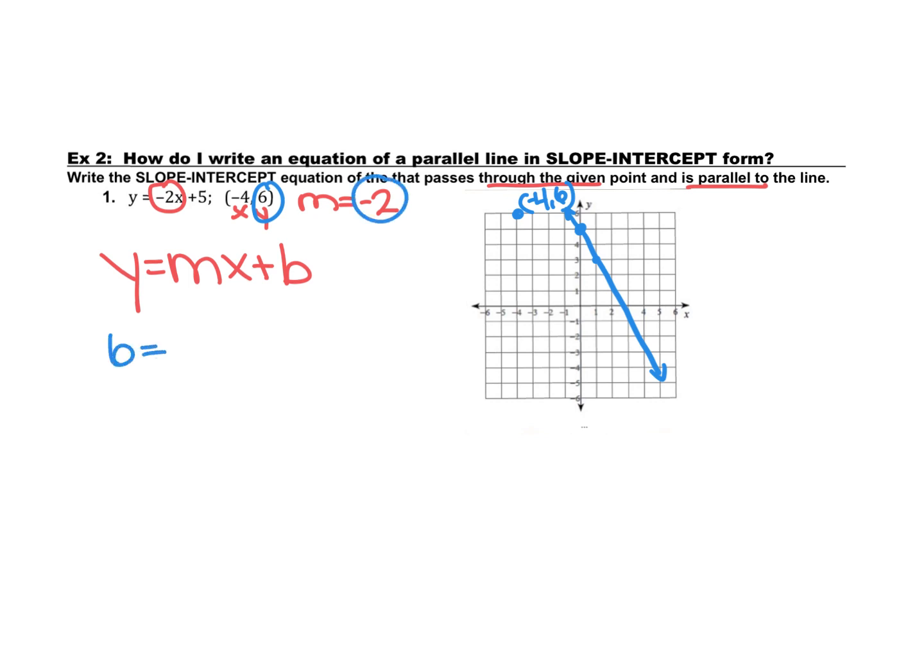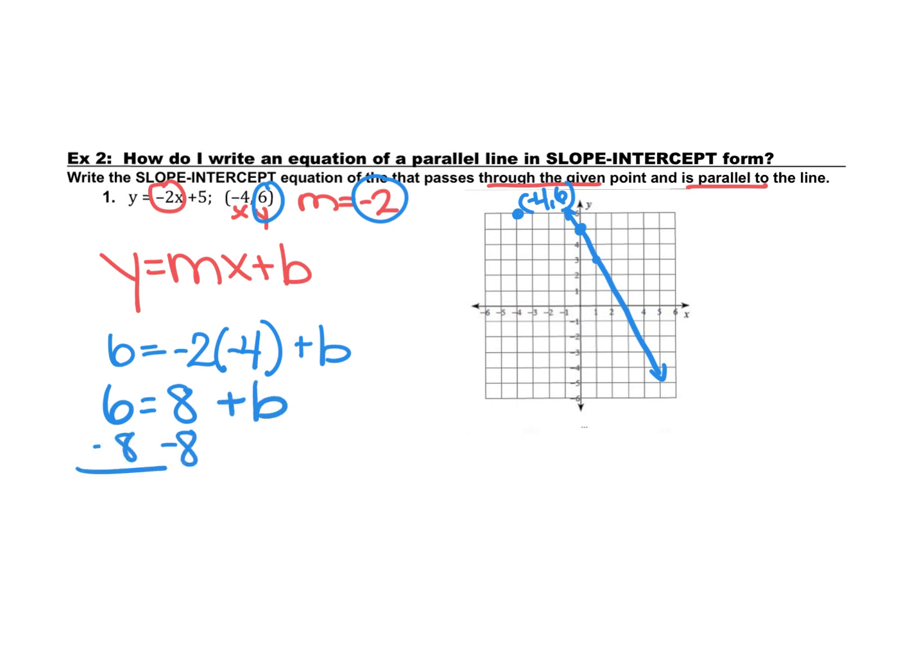We know that we have the slope of negative 2, and we have a point of negative 4. What we don't have here is the y-intercept. So we're substituting in and we're solving. So I've got negative 2 times negative 4 is 8 plus b. And when you isolate the b, you have b is equal to negative 2.